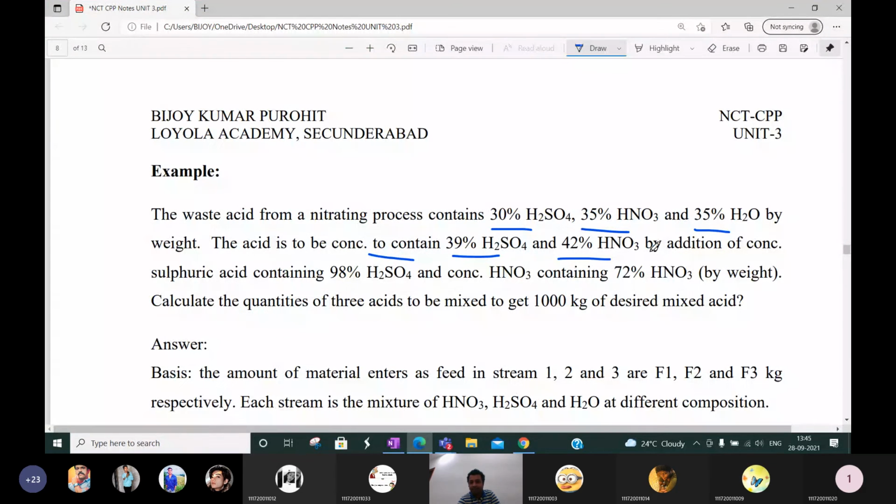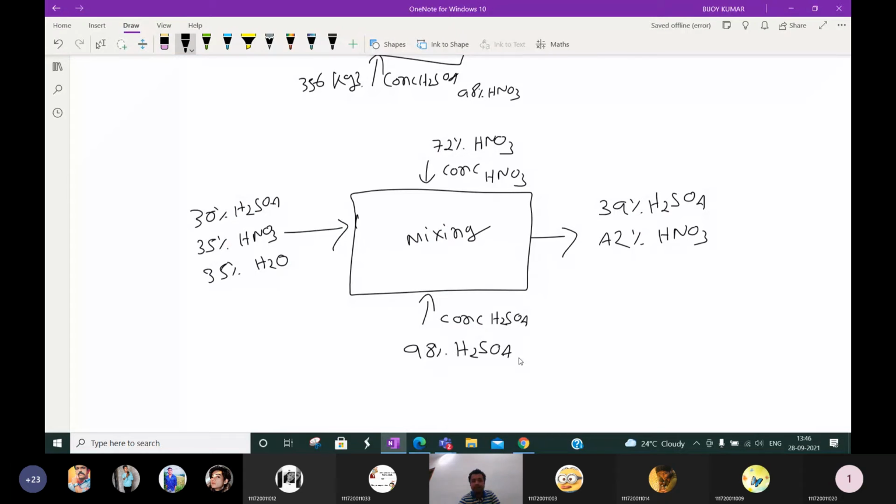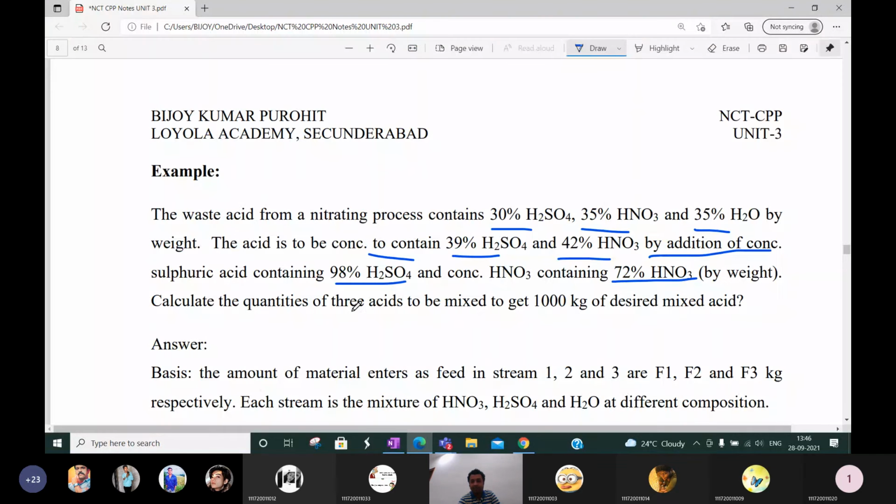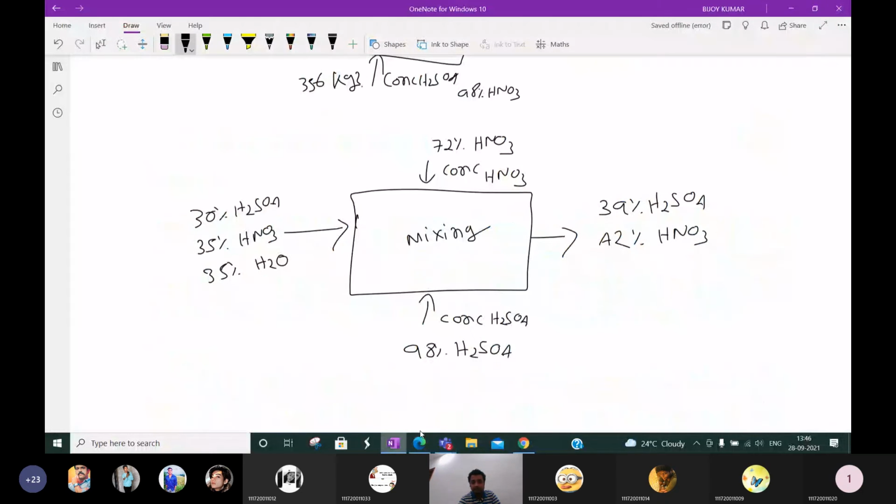How? By addition of concentrated sulfuric acid, which is 98% H2SO4, and concentrated HNO3, which is 72% HNO3. Then calculate the quantity of the three acids to be mixed to get 1000 kg of desired mixture. It means this product is 1000 kg.